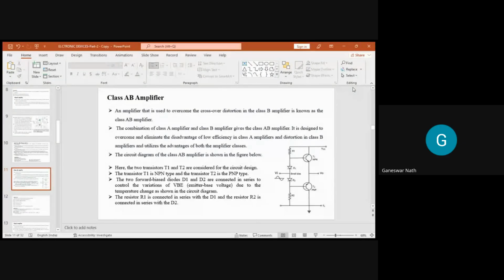An amplifier that is used to overcome the crossover distortion in the class B amplifier is known as a class AB amplifier.